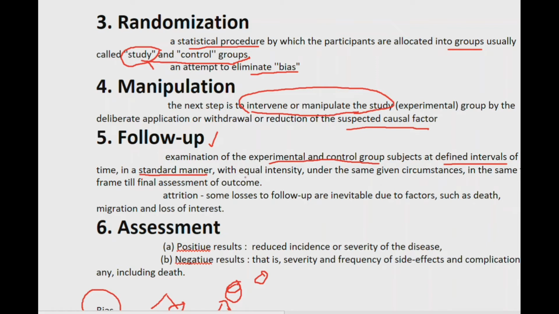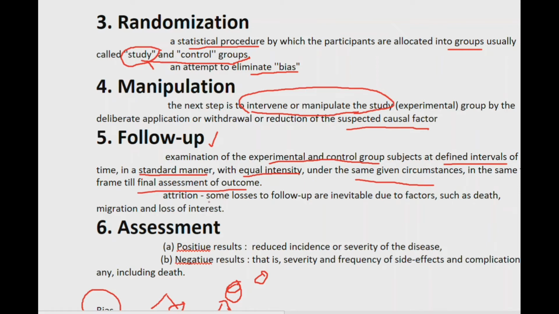We should follow them with equal intensity, under the same given circumstances, in the same time frame, till the final assessment of the outcome.